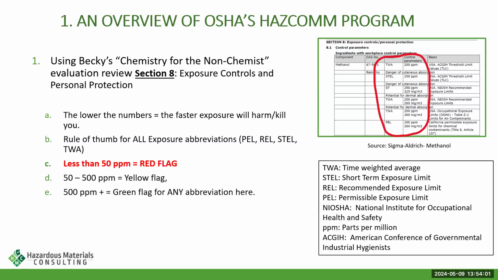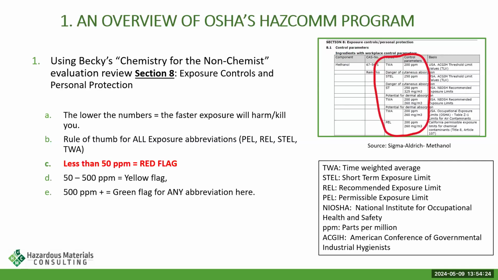Those chemicals with less than 50 parts per million exposure are really dangerous, because what that means is that a very, very small amount of that chemical, if I'm exposed to it, is going to cause me some health problems. So 50 parts per million or lower is our red zone.